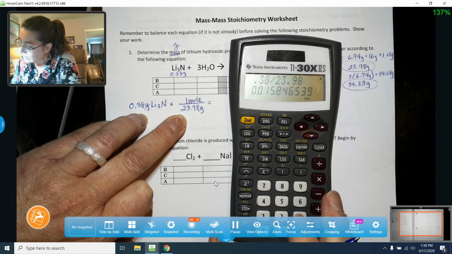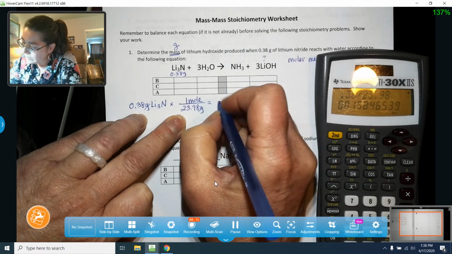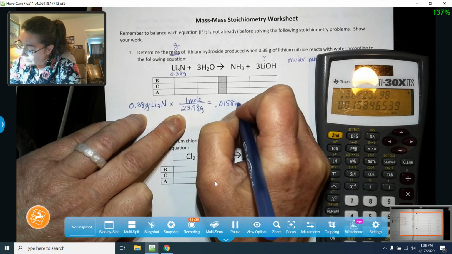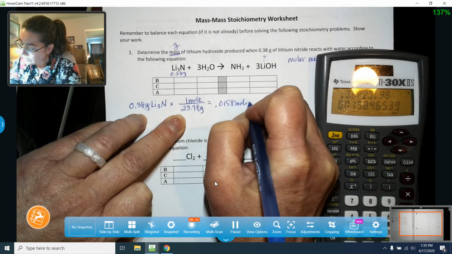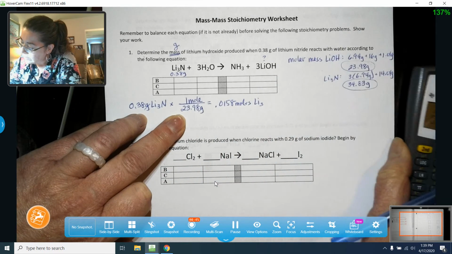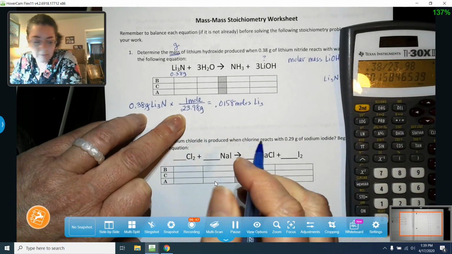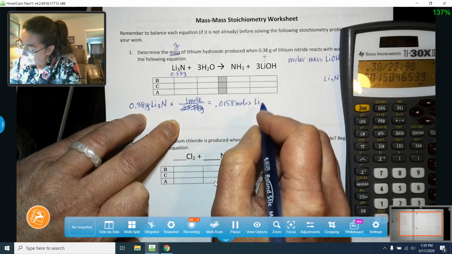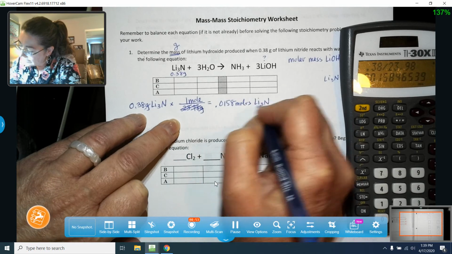Equals, and I get 0.0158. Okay, and that's moles of, I did the wrong molar mass. Okay. Notice I'm writing these down, and that's my double check.